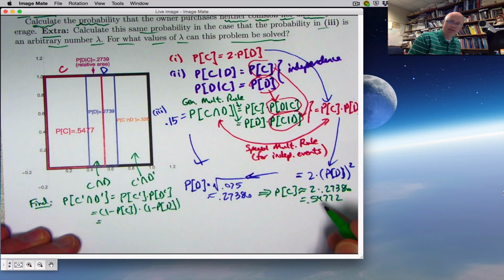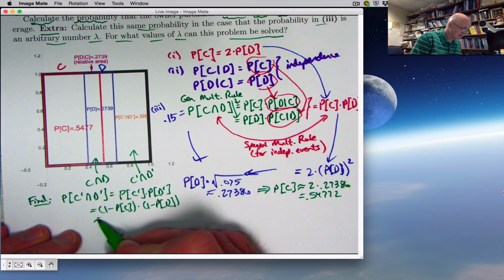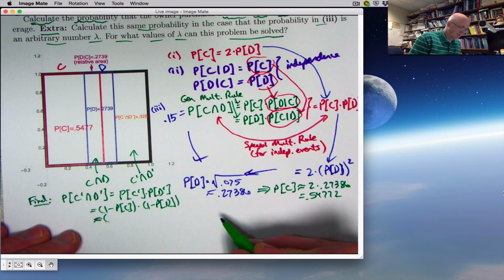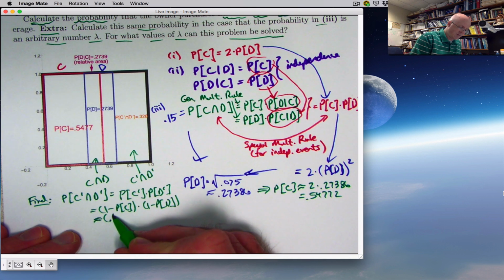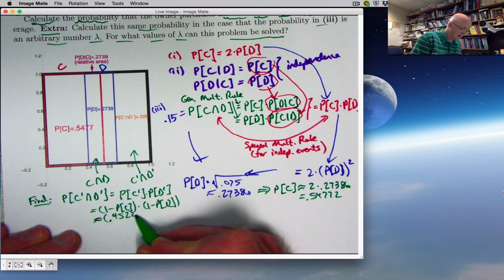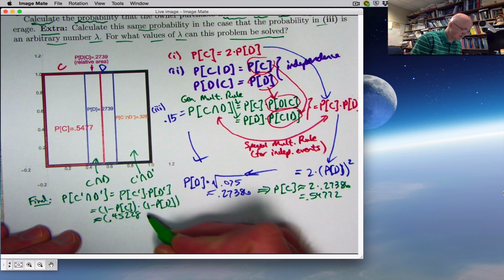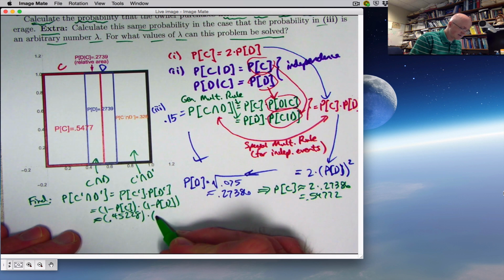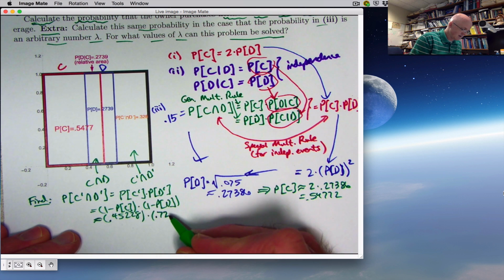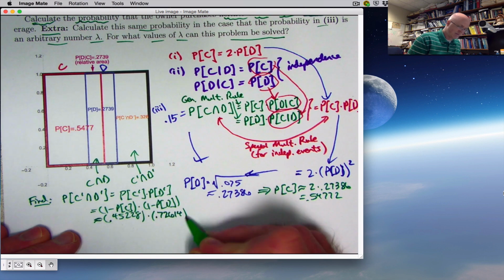We know the probability of C and D individually approximately. So this is approximately 1 minus P of C would be 1 minus this thing. Let me do that in my head. That would be 0.45228. Hopefully I'm not making a mistake when I'm doing that in my head. Times 1 minus this thing is going to be 0.72614.